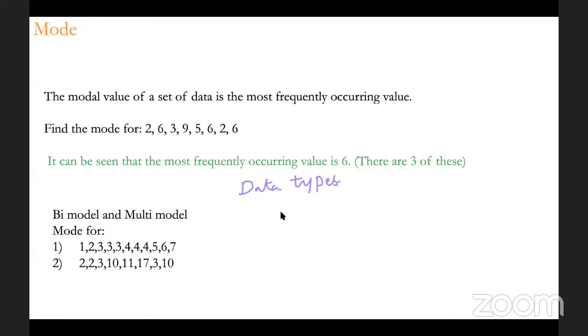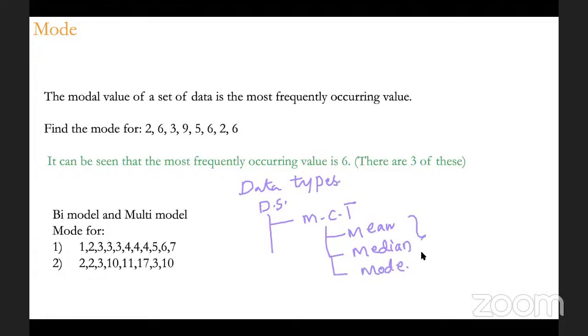Then we discussed the two kinds of statistics: descriptive statistics and inferential statistics. We started with descriptive statistics, and as part of it we discussed measures of central tendency: how to compute the mean, median, and mode.